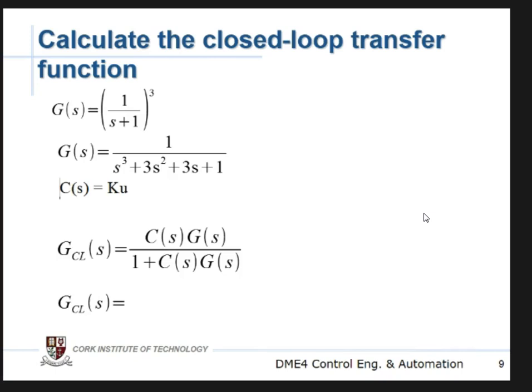If we want to simplify that, there is a common term in each of the denominators, so these two. If I multiply above and below by that, I get Ku on the top, because multiplying cancels out with the one that's dividing. I get 1 times all that term, so 1 by s cubed plus 3s squared plus 3s plus 1, and then I'm left with the 1 here plus Ku. So my closed loop transfer function is going to look like this in this case.